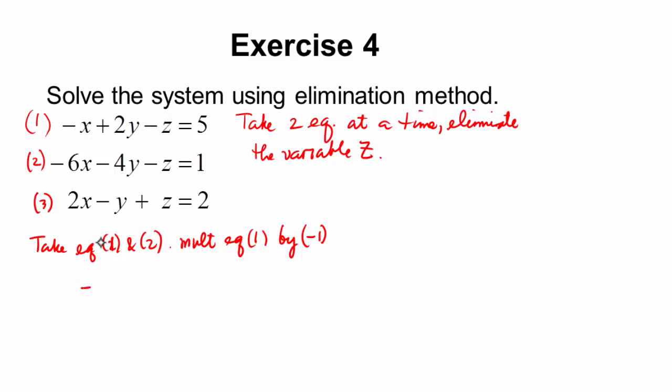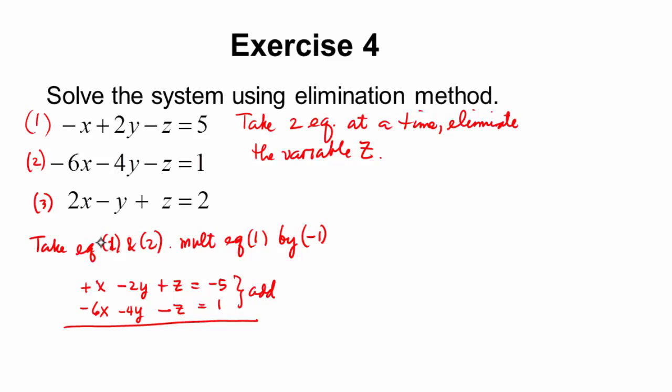So we're going to have positive x minus 2y plus z is equal to -5. Okay, now you add that to equation 2, so you have minus 6x minus 4y minus z equals 1. And then what's the next thing? After we've done that, we add.